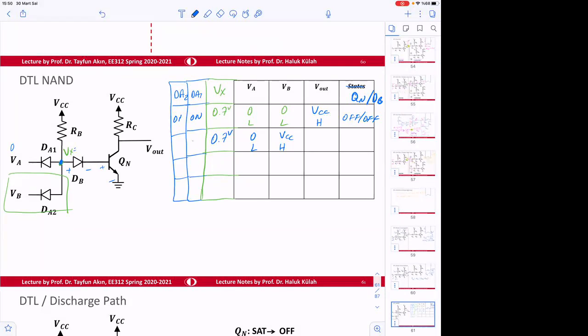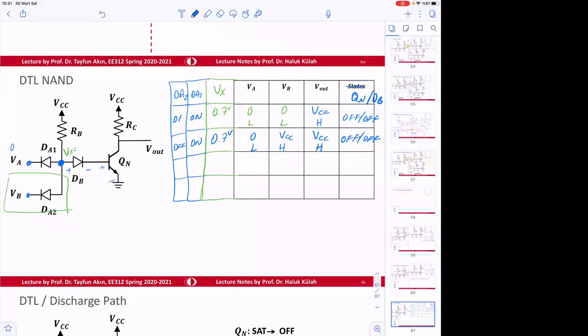DA1 is going to be on, but this one is going to be off, DA2. Why? Because VB is VCC. So this node is set to 0.7 by this 0 voltage, and this is VCC, so DA2 is off. Therefore, even for this case, the devices are both off, and the output is going to be VCC, which is high voltage.